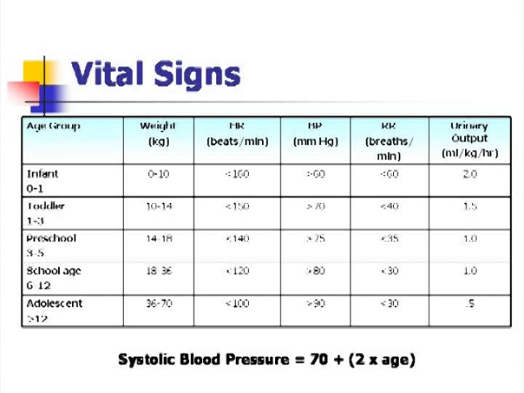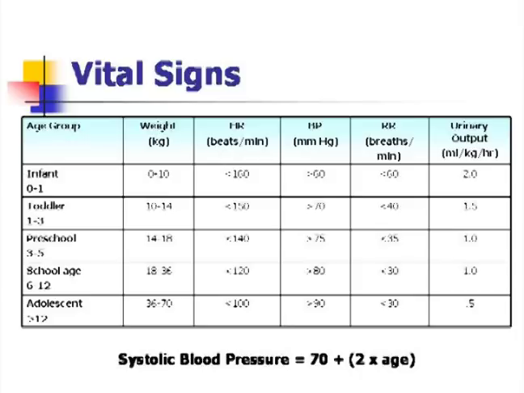One of the really basic things that I think helps taking care of kids is knowing what the normal vital signs are. And vital signs change by age. So in general, your normal heart rate gets slower as you get older. Your blood pressure increases and your respiratory rate increases. And so what you really need to know is what the normal vital signs are.